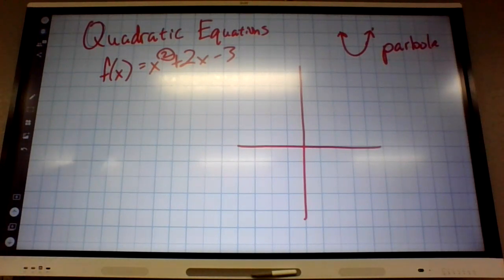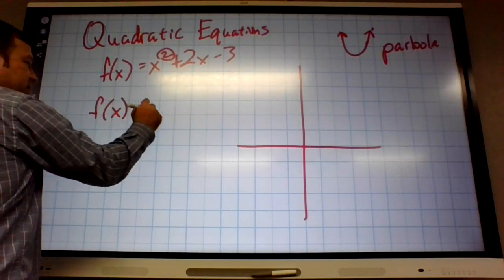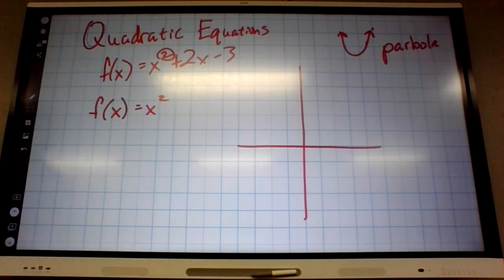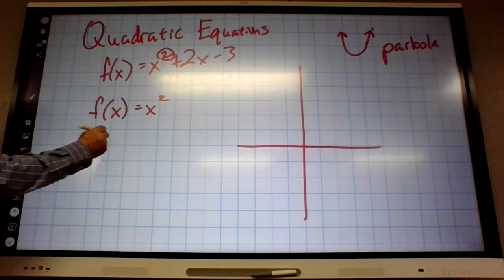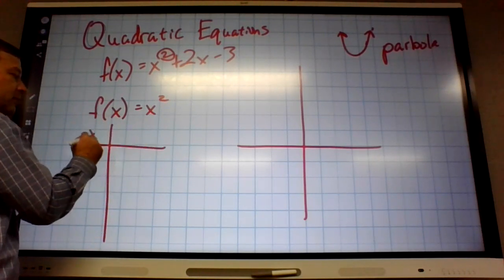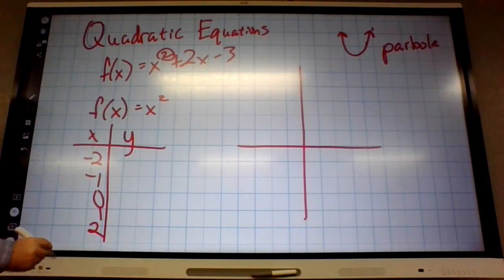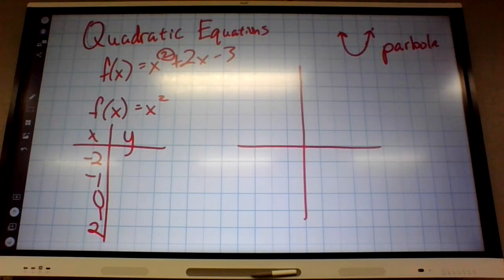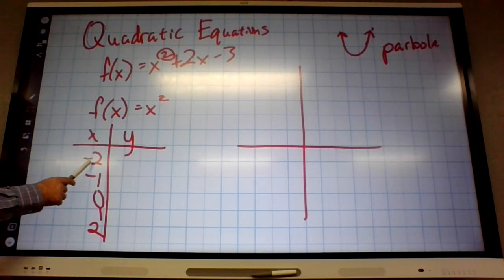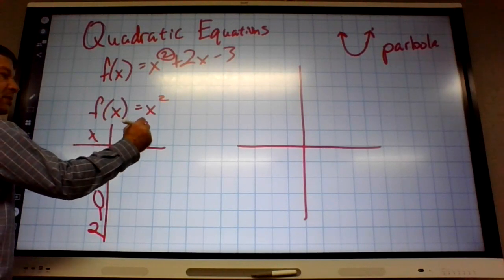So if I was to graph just the basic f of x equals x squared, what would it look like? If I'm not sure how to graph it, I can always start by plugging in some numbers for x and see what comes out. For example, if x was -2, what would f of x be?